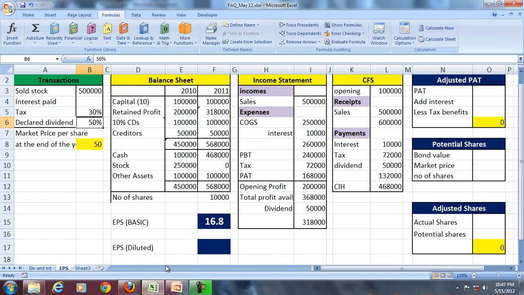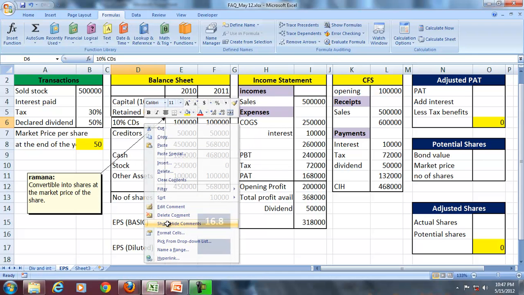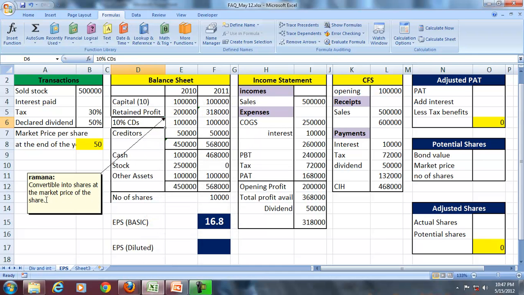Let us go back to that exercise. In this balance sheet we have convertible debentures. The convertible debentures will be converted into shares at the market price of the share, and the market price of the share is 50. So let us find the adjusted PAT first.